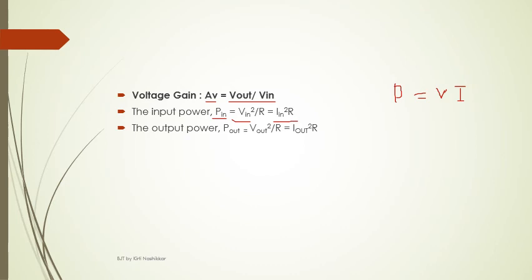So the output power becomes V out square upon R, or I out square into R. Now gain is P out upon P in, you have to make the ratio of this upon this. So finally it becomes V out square upon V in square, which is nothing but your voltage gain.